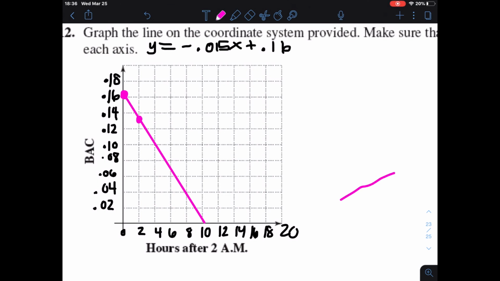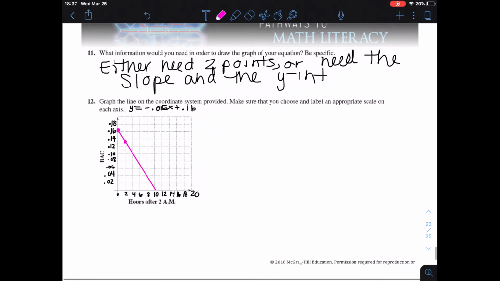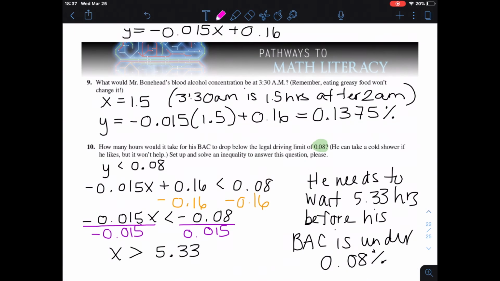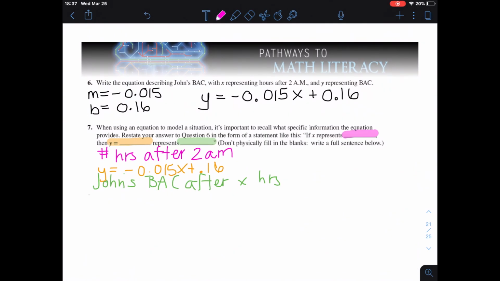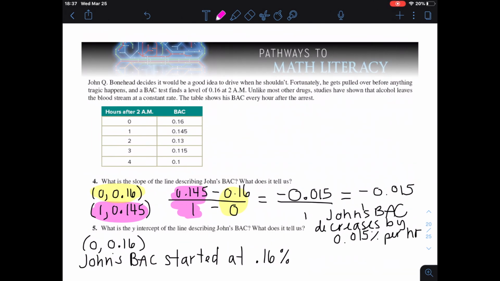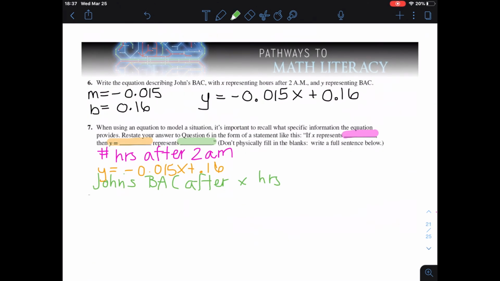And you could pick other points from the chart we had, but after 2 hours, his BAC was at 0.13.